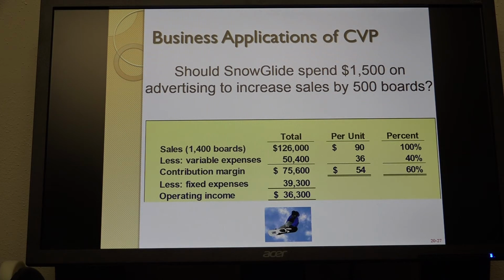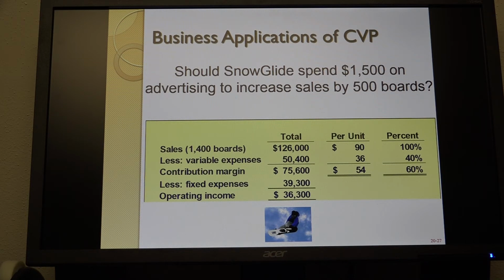And so they simply run the numbers. 1,400 boards times $90 per unit equals 126,000. 1,400 boards at $36 per unit equals variable expenses of 50,400. So your contribution margin is the 1,400 at 54, or 75,600.